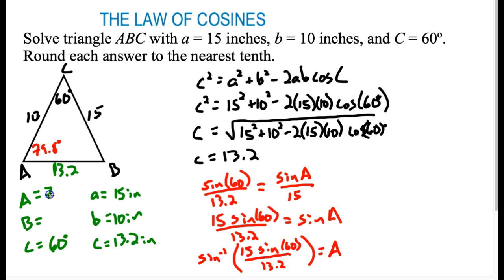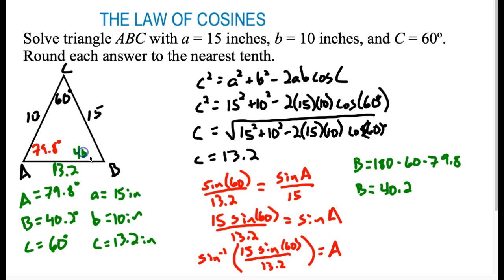And then finally, to get my final angle, all I need to do is take 180 minus the two angles that I know. So 180 minus 60 minus 79.8. And that will get me 40.2. And we have solved this triangle.